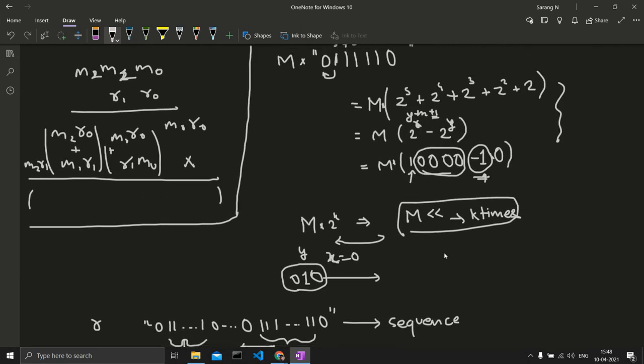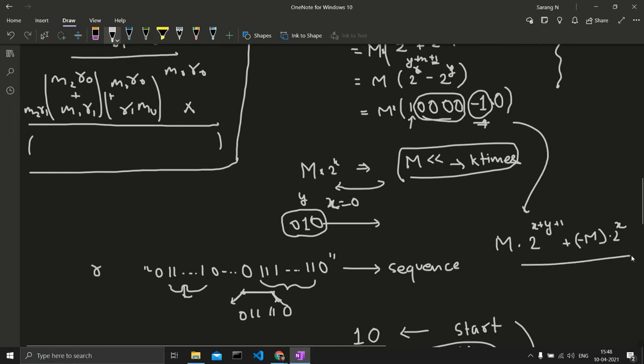You can also write this as m times 2 to the power of x plus y plus 1, plus minus m times 2 to the power of x. So I'm just adding minus m times 2 to the power of x.